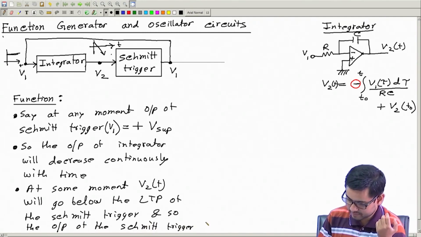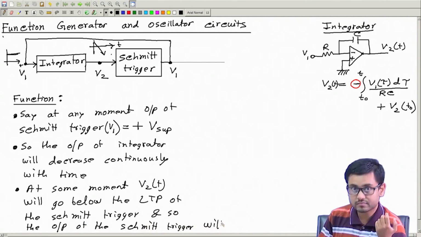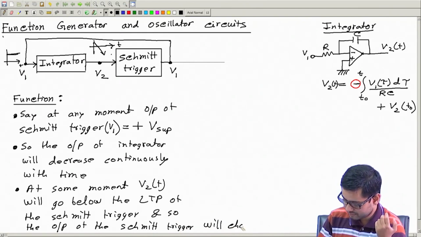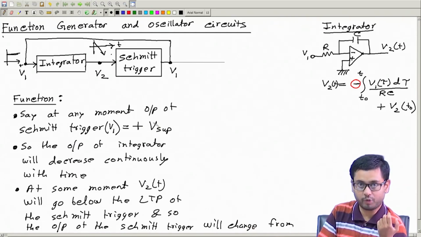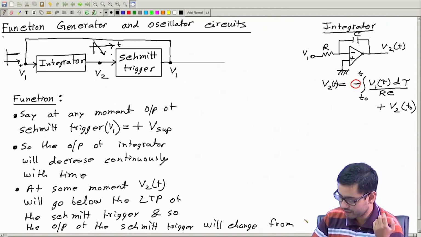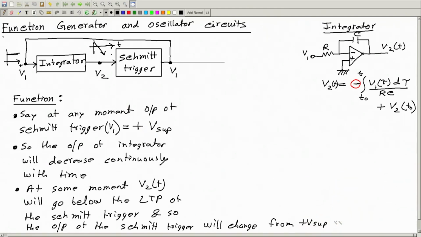So we started with the assumption that this is positive, so it will change from plus V supply to minus V supply. It will become negative.